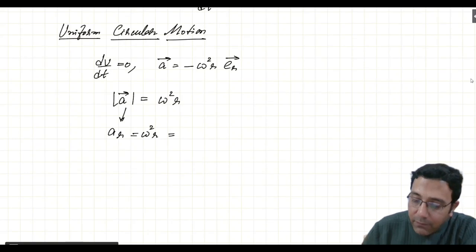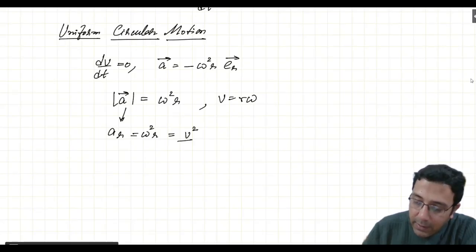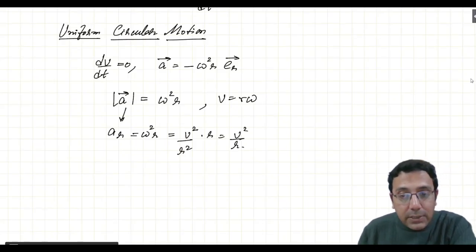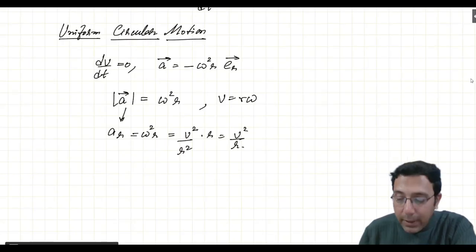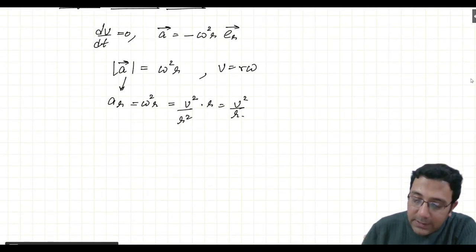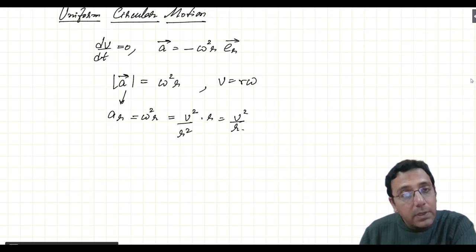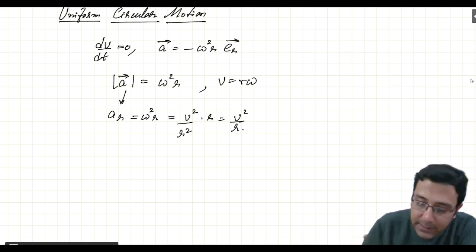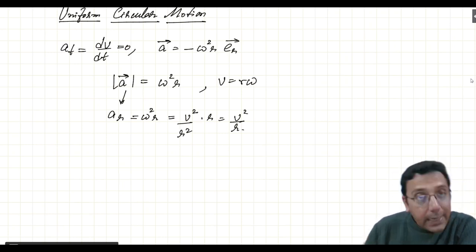Since v equal to r omega, as we have just seen, this can be written as v square by r square into r, so v square by r. So the radial component of acceleration can also be written as v square by r. This was the case for uniform circular motion. The speed is not changing, so the tangential component AT is 0.